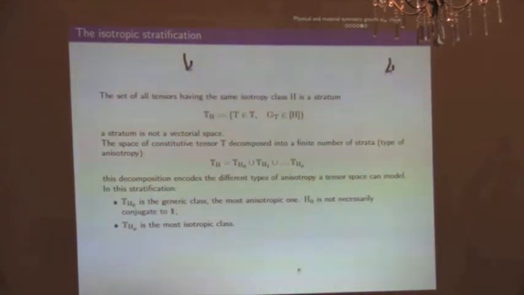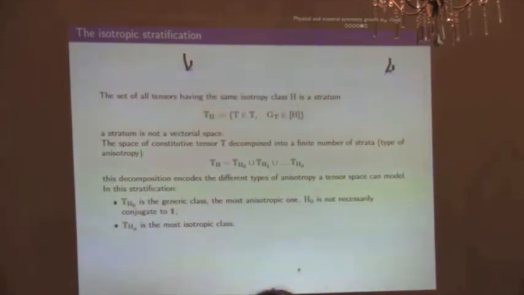For example, if you take the symmetric matrix that can model thermal conduction, you can diagonalize your matrix, and in your diagonal form you can permute all your eigenvalues. So all these permutations of eigenvalues show that the symmetry class of a second order symmetric tensor, the most general second order symmetric tensor, is the D2 symmetry class.